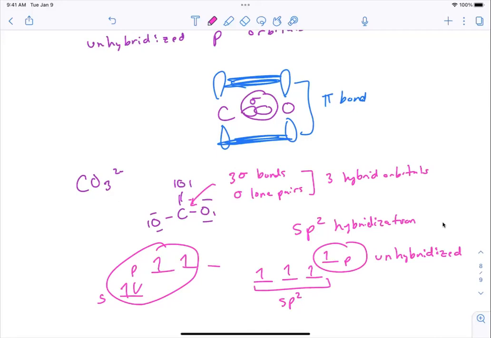The analogy is like a $5 bill and three $1 bills. You exchange them for four $2 bills, and they're being distributed differently than they were originally. If you had to distribute that to four people, you would exchange it for four $2 bills and distribute them equally, right? That's what hybridization is.